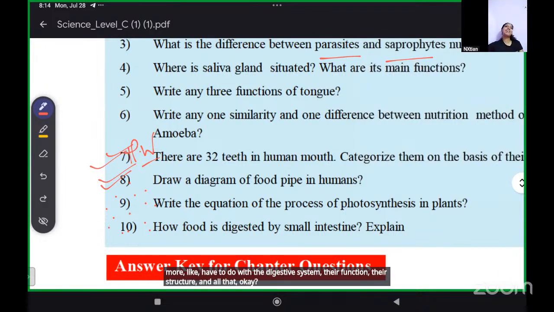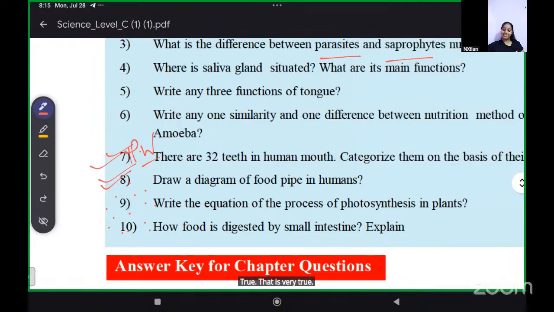Cutlery, okay, yeah, true. How can you compare a microorganism to a human? Yes, absolutely. The question is a little weird, comparing a microorganism's digestion with human digestion or nutrition method. True. That is very true.